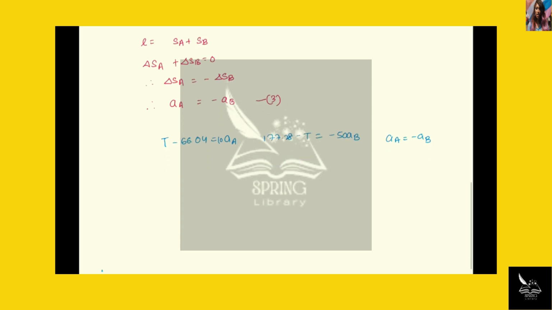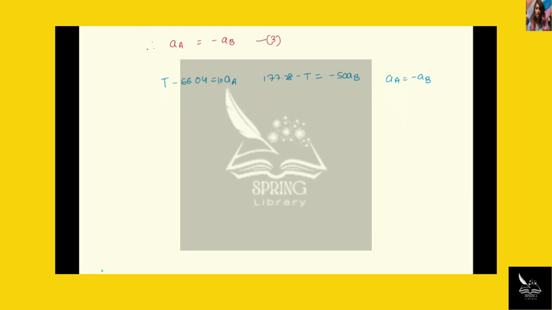On solving this we get AB as minus 1.584 meter per second square, then we have AA as 1.854, sorry, this is 1.854 meter per second square, and then we have tension as 84.58 Newton.